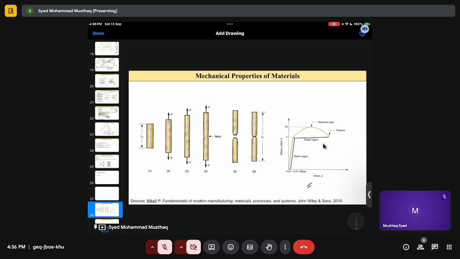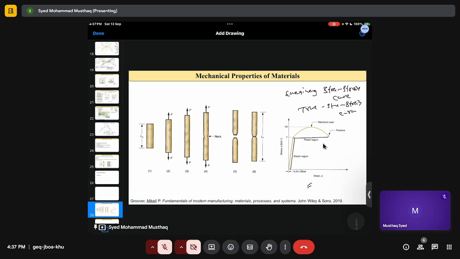And yeah, so this is my stress strain curve, and stress strain curves are of two types. One is the engineering stress strain curve and the other is the true stress strain curve.